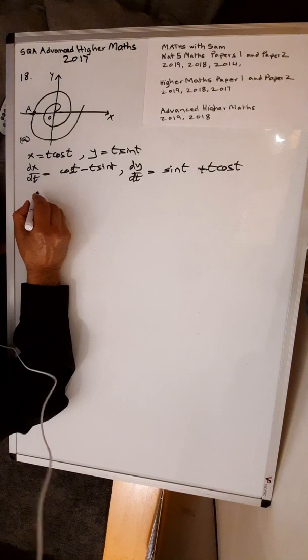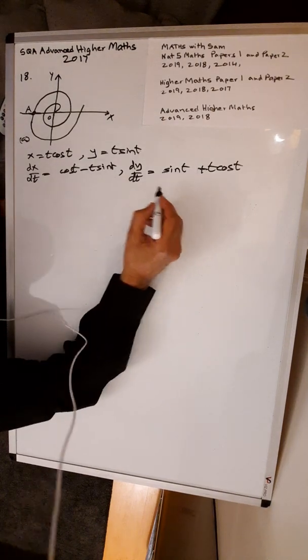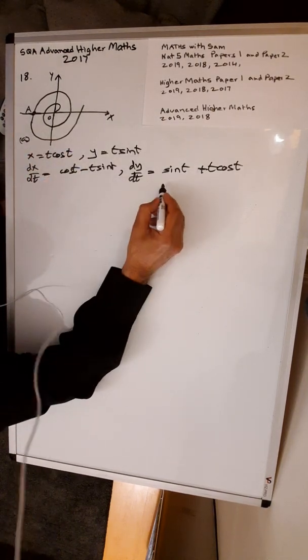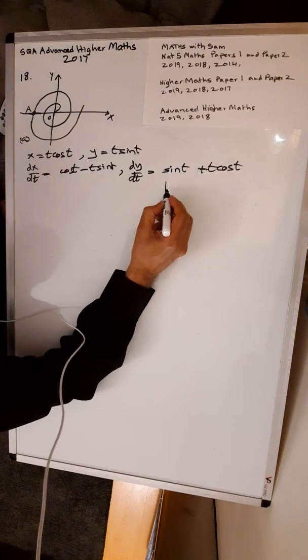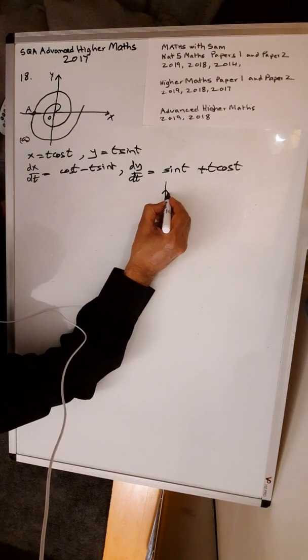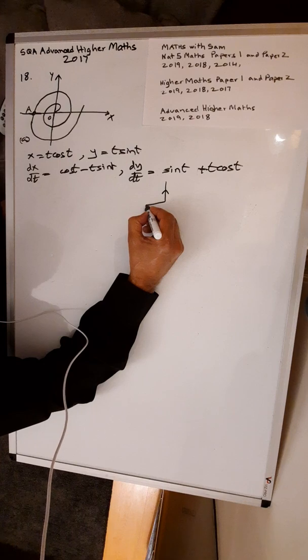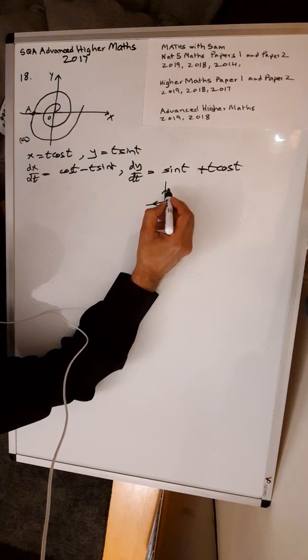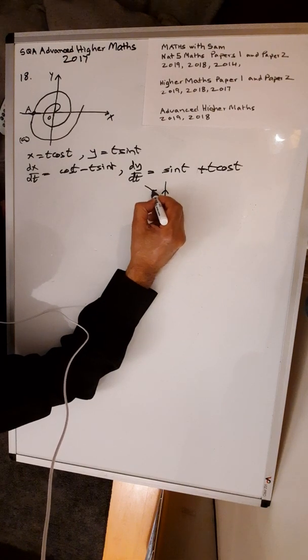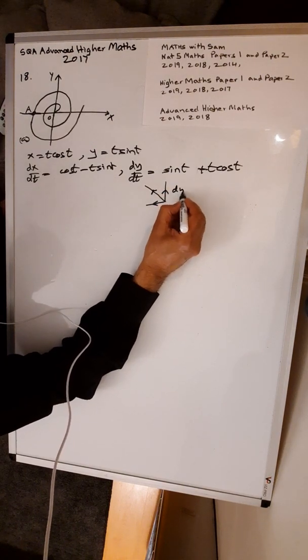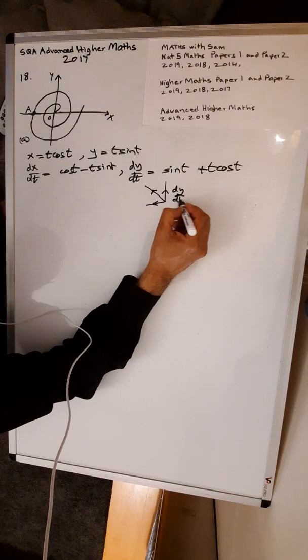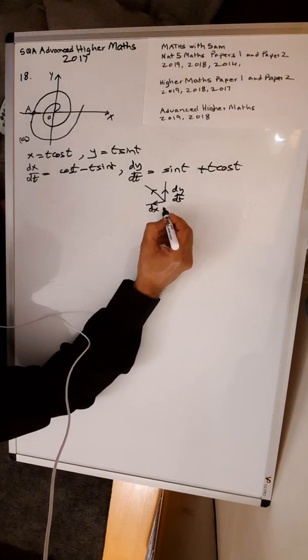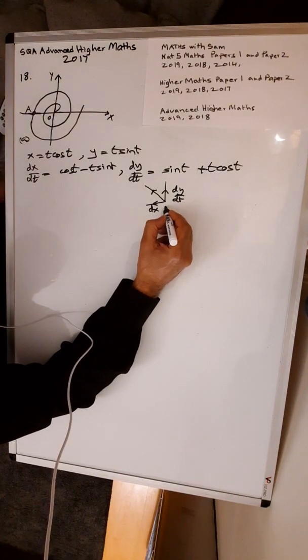And the speed, if you have a particle, there's your y direction and your x direction. And then you got your speed would be there. So this would be your dy by dt, and this is your dx by dt.